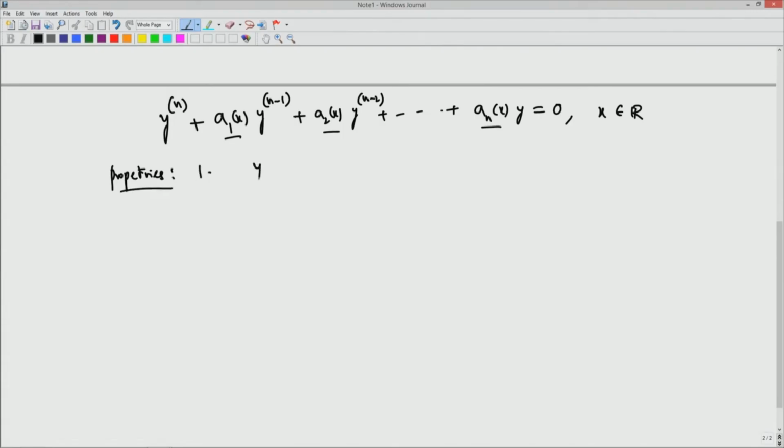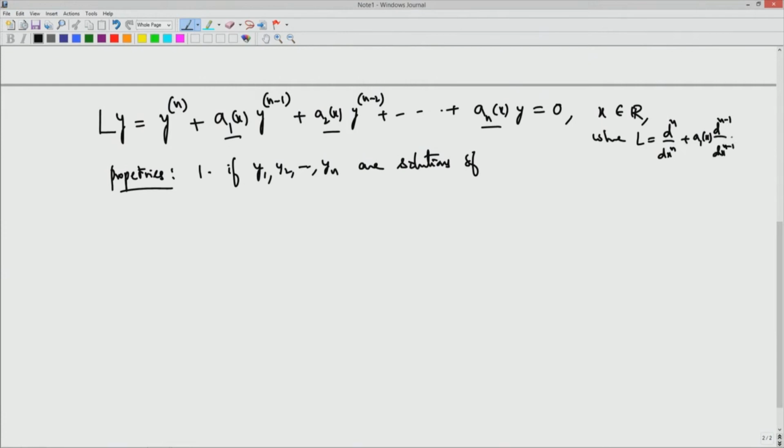First, if y1, y2, ..., yn are n solutions of Ly equal to 0, where L is an operator on y, L equals d^n by dx^n plus a1(x) d^(n minus 1) by dx^(n minus 1) up to an(x) acting on y, then a linear combination, the sum of ci yi, i from 1 to n, with arbitrary constants ci, is also a solution.